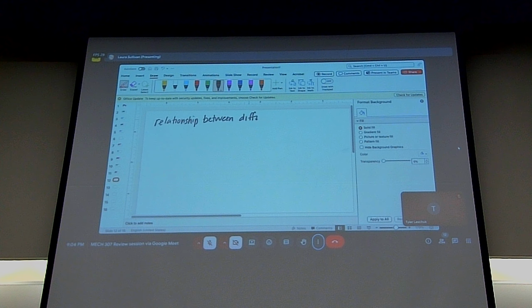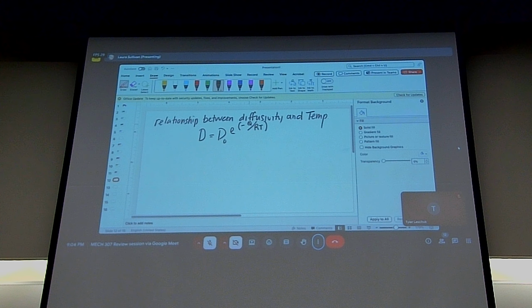diffusivity and temperature. And so the general equation was D is equal to D0 e to the minus Q over RT.